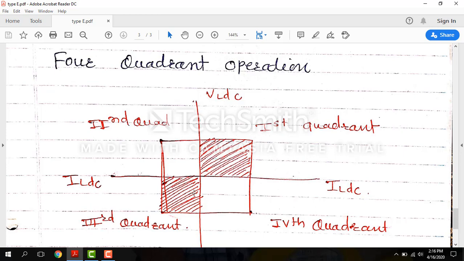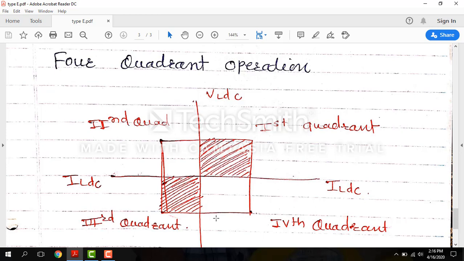In the second quadrant, output voltage is positive and output current is negative. In the third quadrant, voltage and current both are negative. In the fourth quadrant, output current is positive and output voltage is negative.